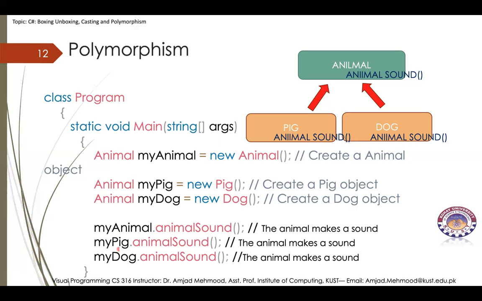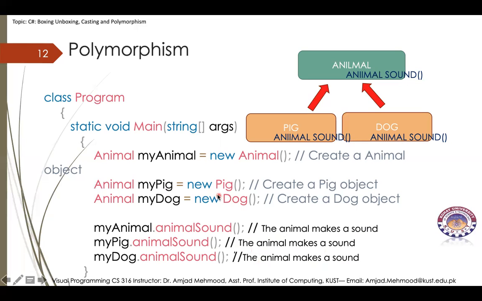And here my pig.animalSound and my dog.animalSound. Here you can see the messages that are coming: my animal class, but the message is the animal makes a sound. And here the same message, the animal makes a sound, and the animal makes a sound.